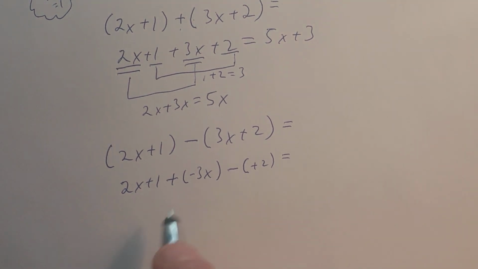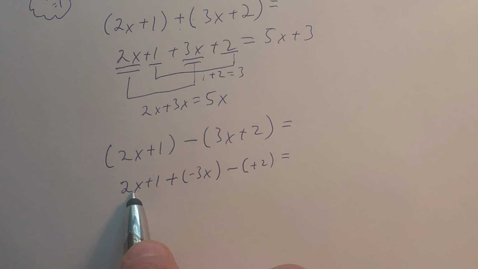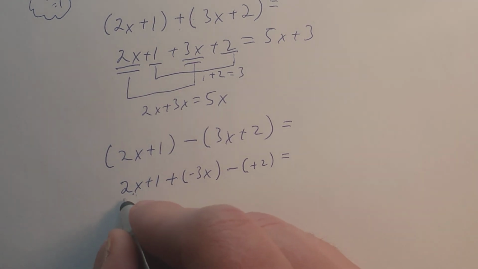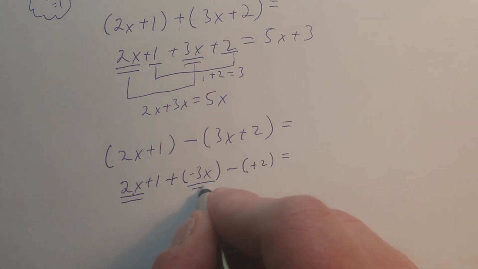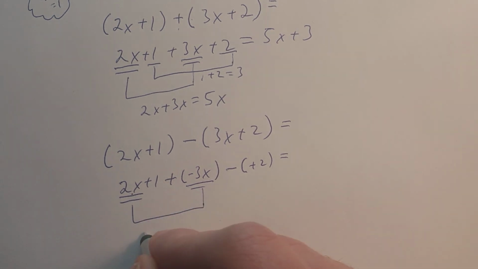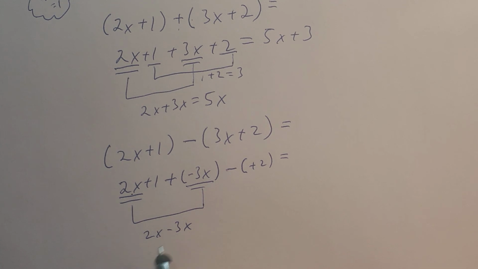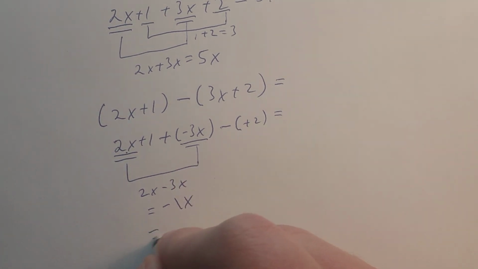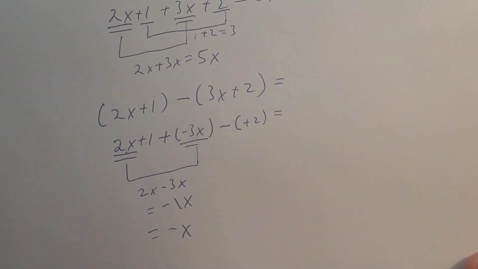Okay? And then now when we put them together, what's 2x minus 3x? You have to think of it, what's 2 minus 3? You're going to be left with a -1x. And that's the same as -x. Okay?